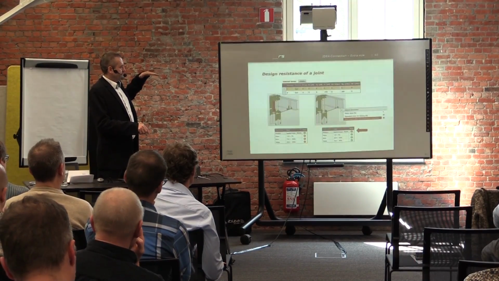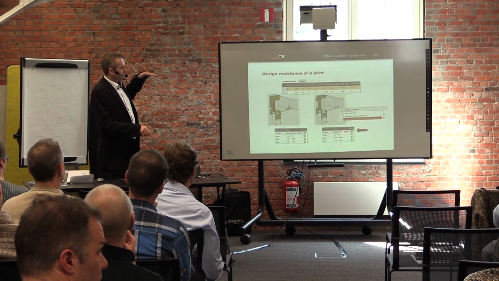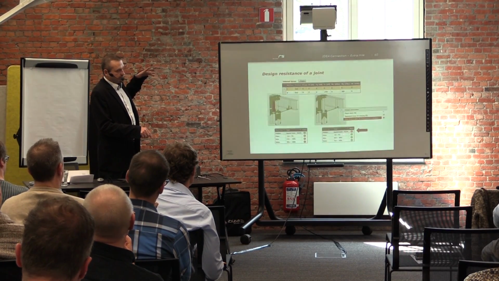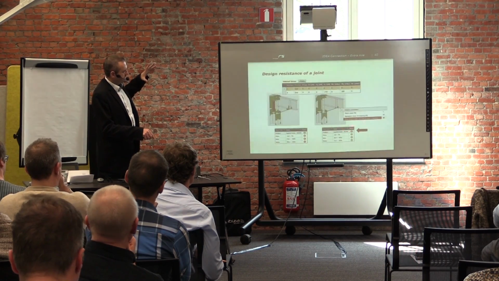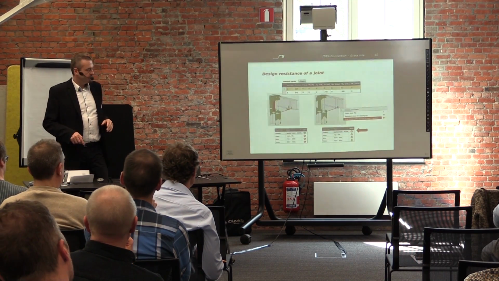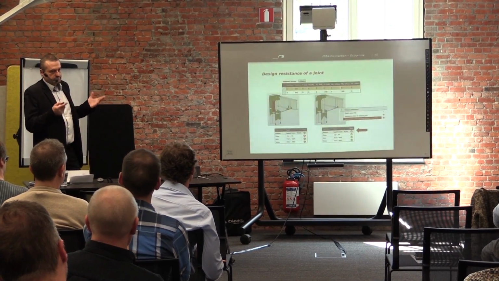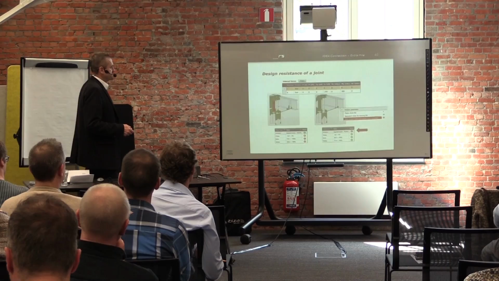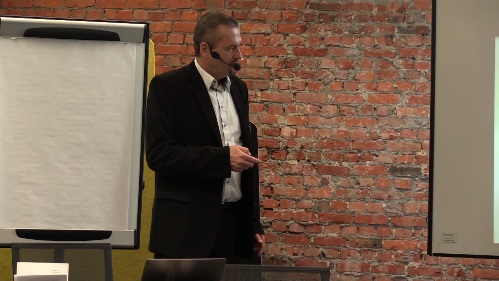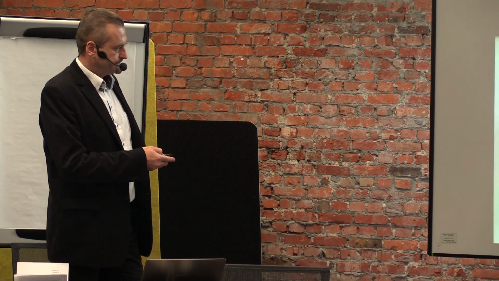Then we apply the load and calculate until we get this 5% limit, and then we stop, and the program tells you that we applied not 100% load, but only in this case 93%. And from this value, when you take the original and multiply by this, you know the limit resistance of the joint. So it can be used also for these studies.